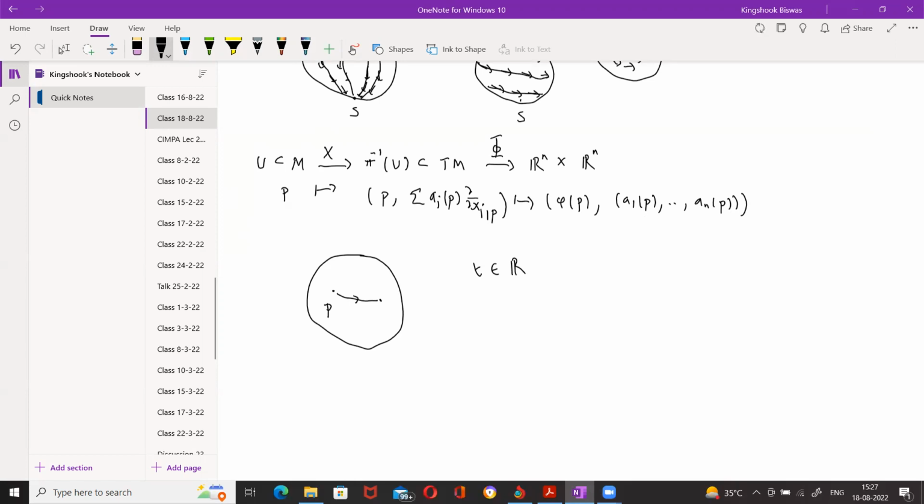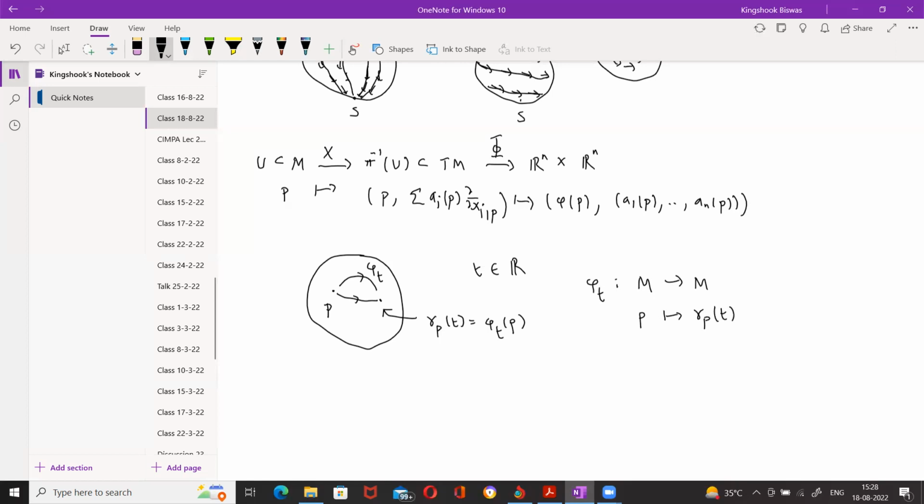So this point would be gamma P of t, and this I define to be phi t of P. So phi t therefore will be this map, phi t from M to M, where P maps to gamma P of t.